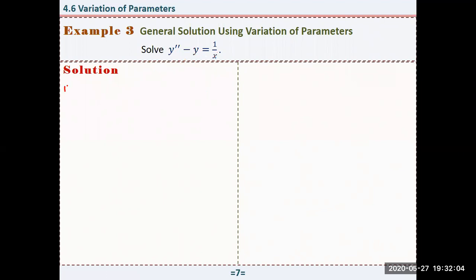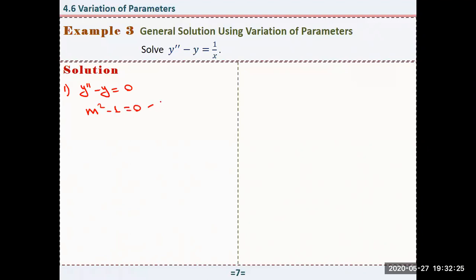So in the first step, again, we are going to solve the associated homogeneous differential equation, that is y double prime minus y is equal to 0. So the auxiliary equation to this homogeneous differential equation is m squared minus 1 is equal to 0, right?